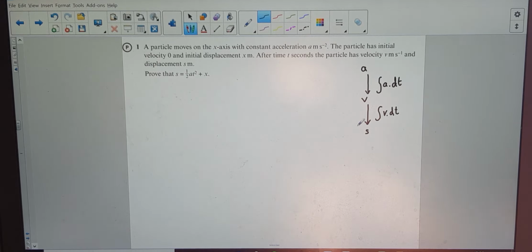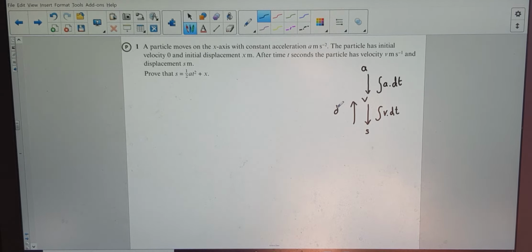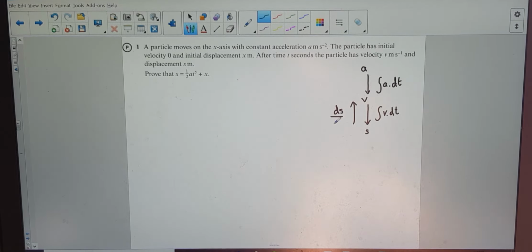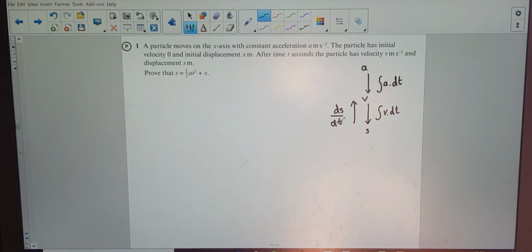Right. Just so we have this all in one diagram, because I get a bit confused with the integration sometimes, but it makes far more sense if I go the other way. So if I have the displacement, if I differentiate the displacement with respect to time, that's going to give me the velocity. And that makes sense because the velocity is the change in displacement over the change in time.